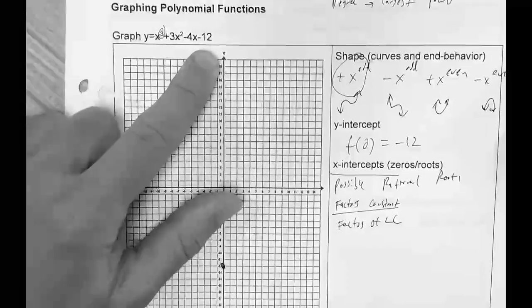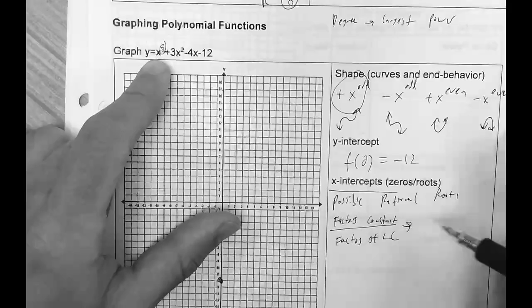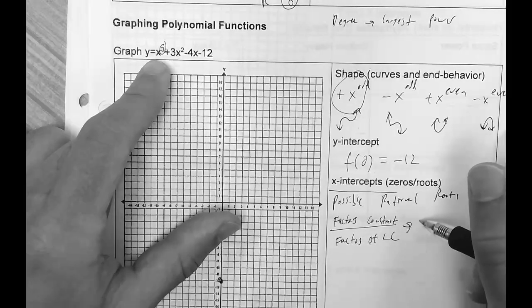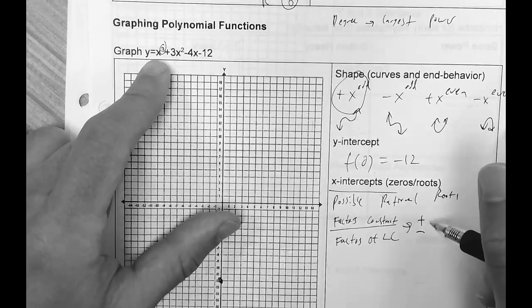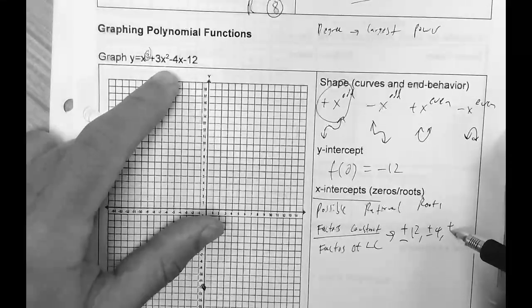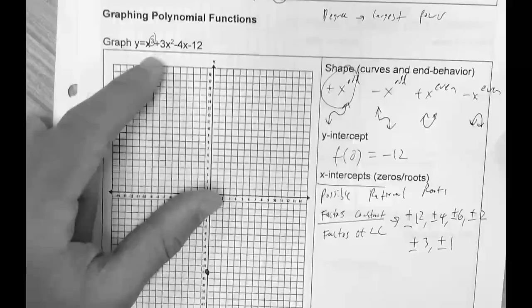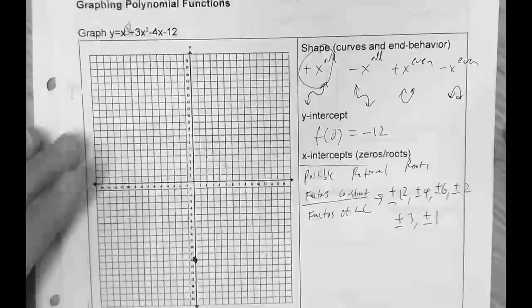In this case, -12 is my constant, 1 is my leading coefficient. So my possibilities are all over 1, right? So it's going to be plus minus 12, plus minus 4, plus minus 6, plus minus 2, plus minus 3, and plus minus 1. Okay, a lot of different options here.